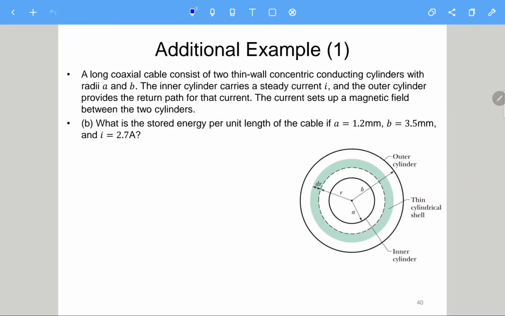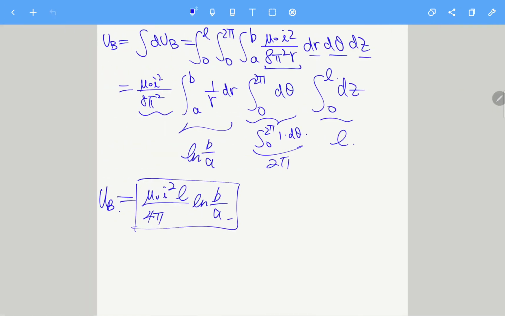So for part B, it asks what is the stored energy per unit length of the cable if a, b, and I are these values. So rather than calculating U_B, we actually need U_B over L. So we can simply divide by L on both sides, so this L can be cancelled on the right hand side.